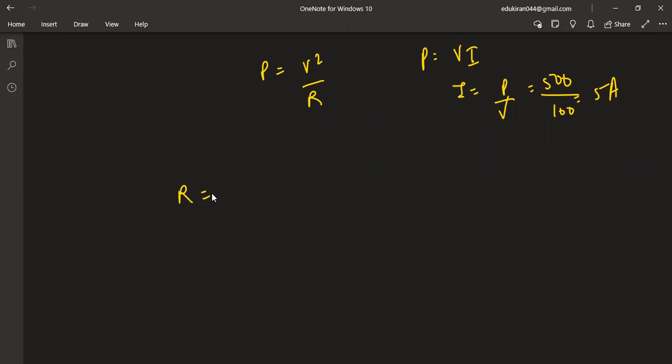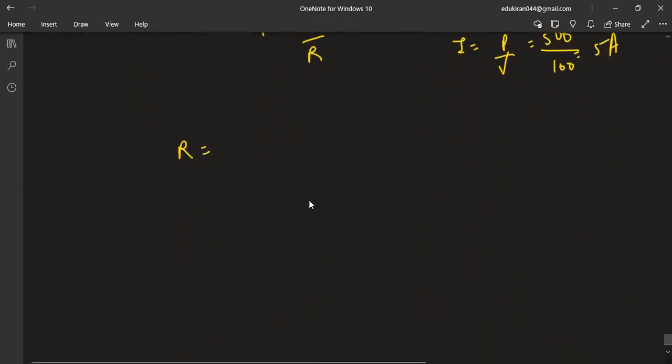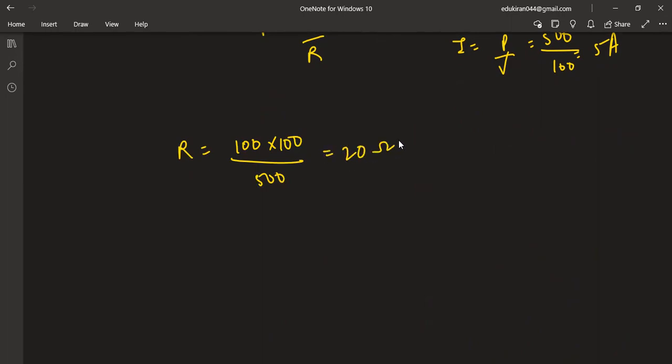See, this is saying when a resistance R is connected in series, it works perfectly and the bulb consumes 500 watt. So 500 watt is being consumed, 100 is the voltage. So directly you can use 100 into 100, V square by P. P is 500. That is 20 ohms.